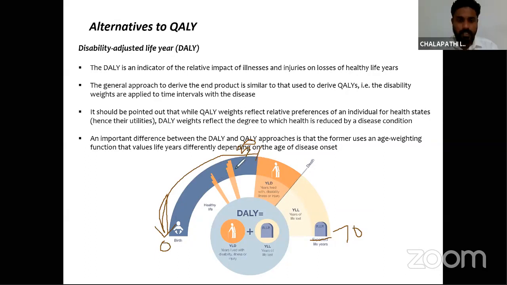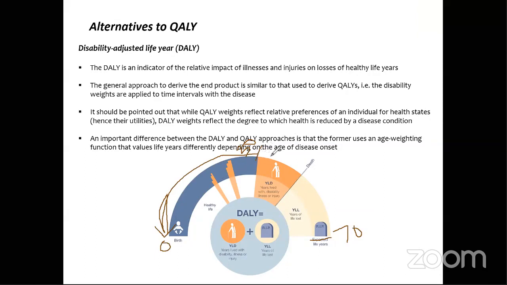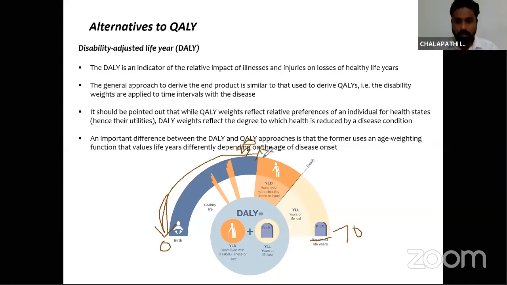So, suppose he met with an accident at the age of 30. He lost his utility score of 0.2. Is that concept clear till now? He lost 0.2 utility. Then he lived another 20 years.